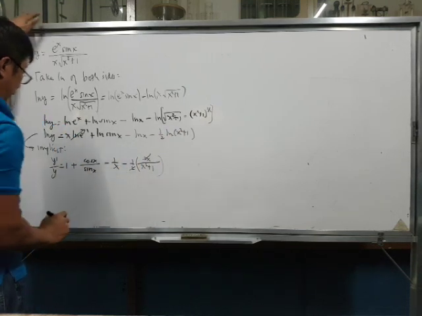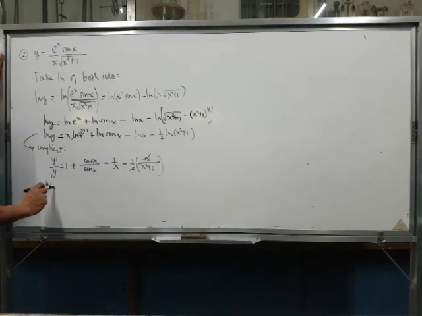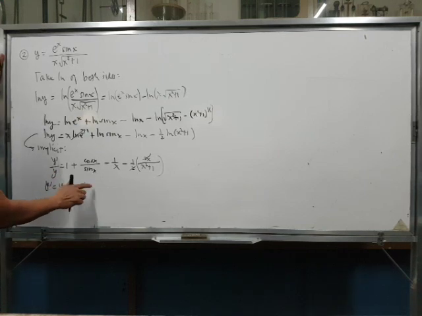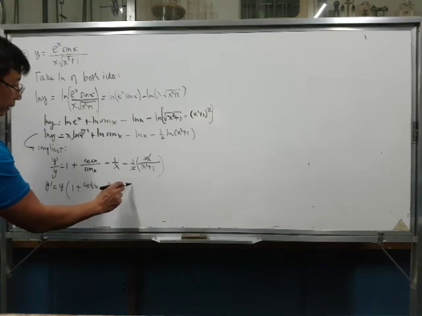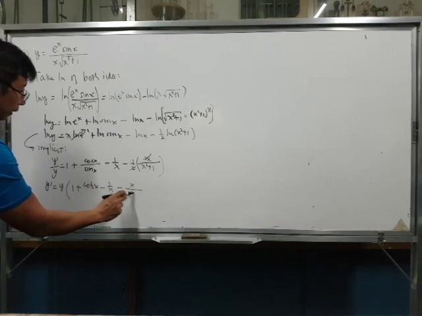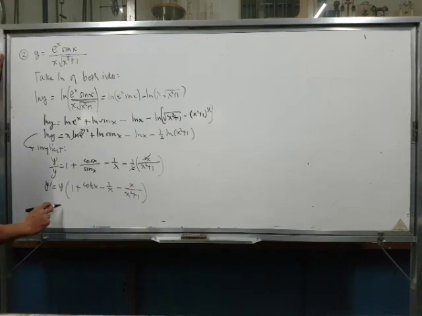So we can cancel this, and don't forget to cross multiply y: y times 1 plus cotangent x minus 1 over x minus x over x squared plus 1.